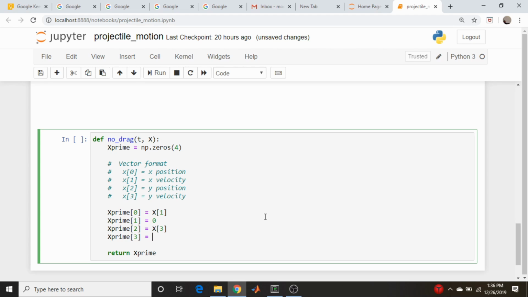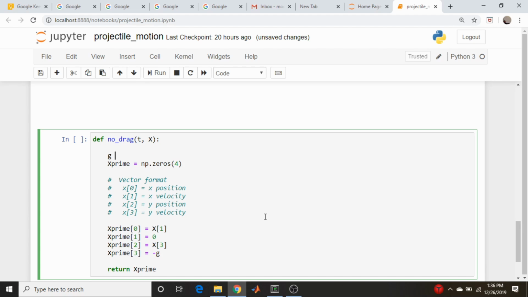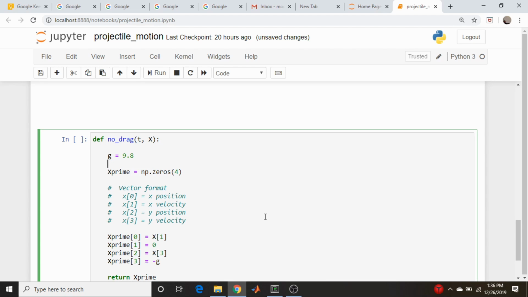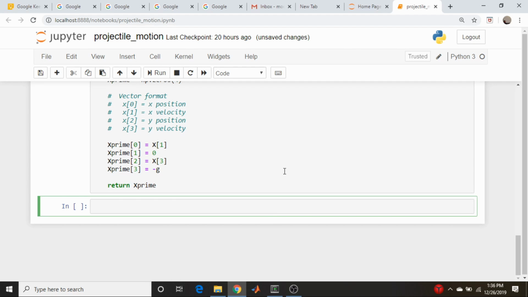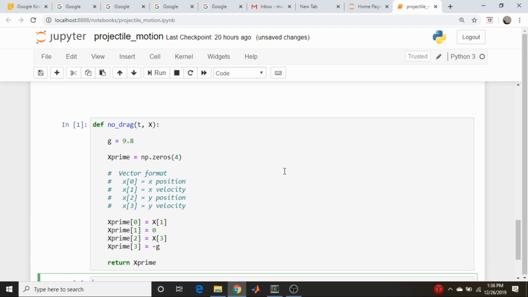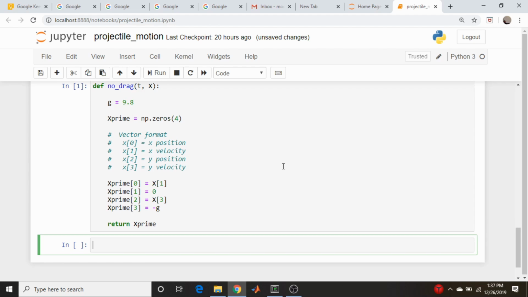The m's are all canceling out for this case, so I'm just going to put minus g. And since we haven't defined g, let's come up here and do that. G is equal to 9.8. So, good. That should be that. I don't know if this is going to take it. We'll see if there are any issues when we actually run the code.